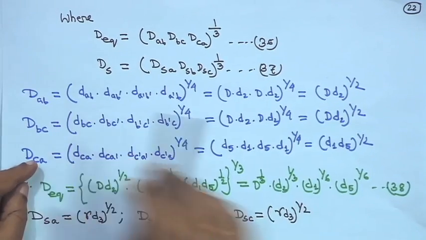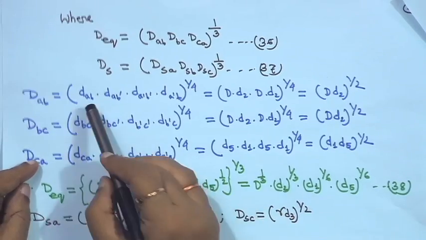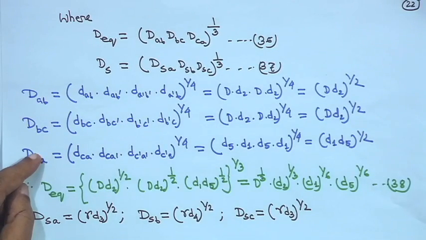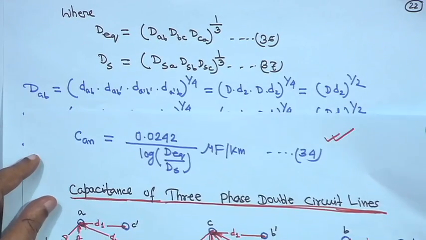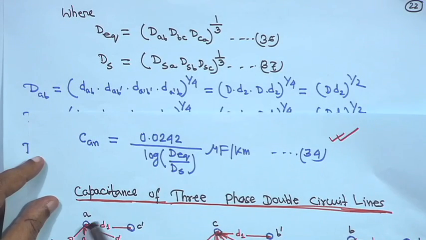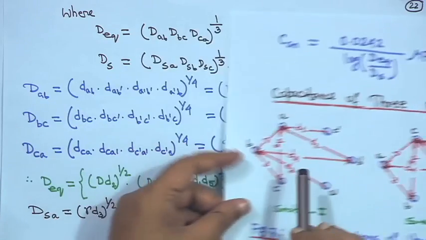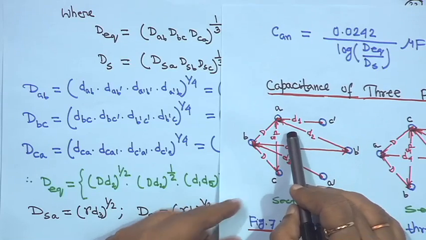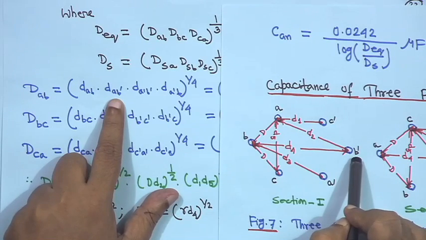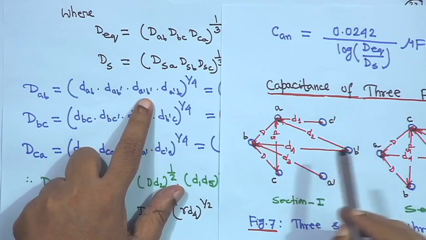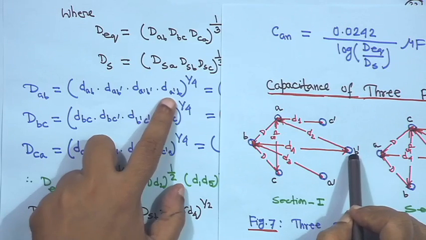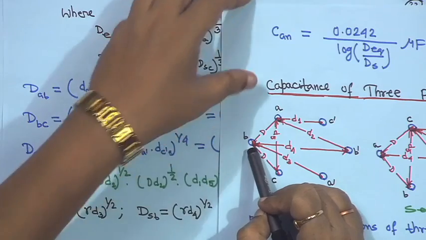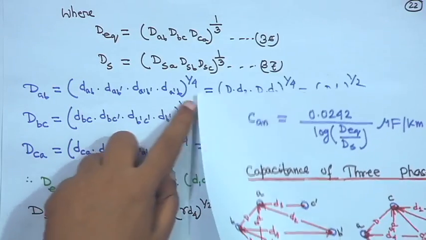Now, let me show DAB, which is made up of DAB, DAB dash, DA dash B dash and DA dash B, to the power 1/4, because 4 distances are there.